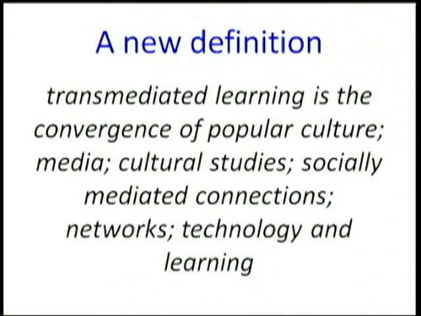So to conclude, I began the keynote with two main aims: to explain how digital blurring is changing our world, which I think I've presented, and secondly, to suggest a way to teach in this increasingly converging world we find ourselves in. And I'm suggesting that transmediated learning might be the approach we use. I think if we view transmediated learning as a theoretical concept to make sense of the digitally rich world we find ourselves working in, it provides us with a framework to understand and plan our practice.